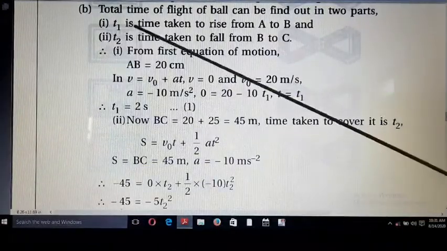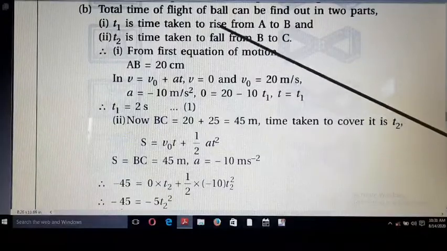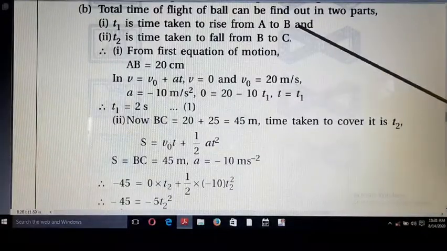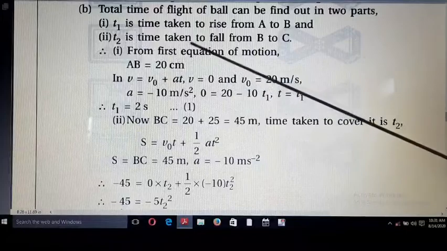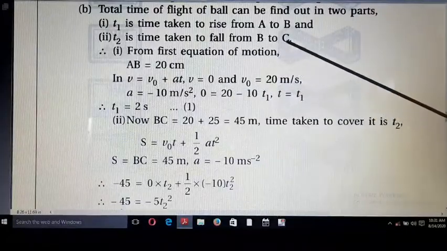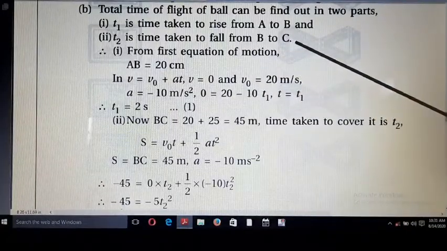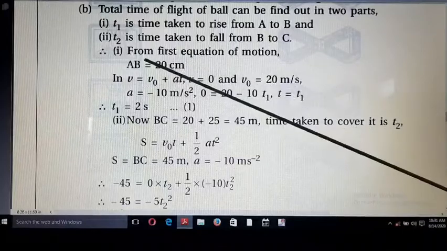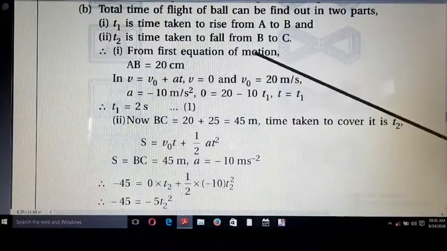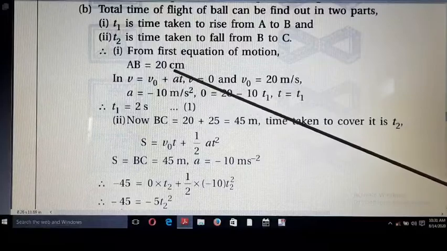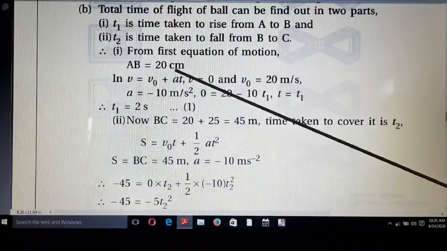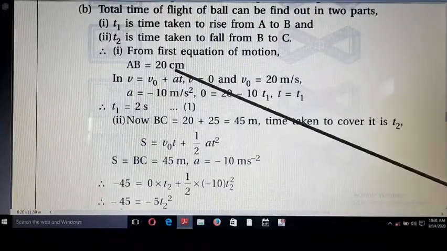First, T1 is time taken to rise from A to B, and T2 time taken to fall from B to C. Okay? So from first equation of motion, AB is equal to 20 meter, height of the ball from the terrace.